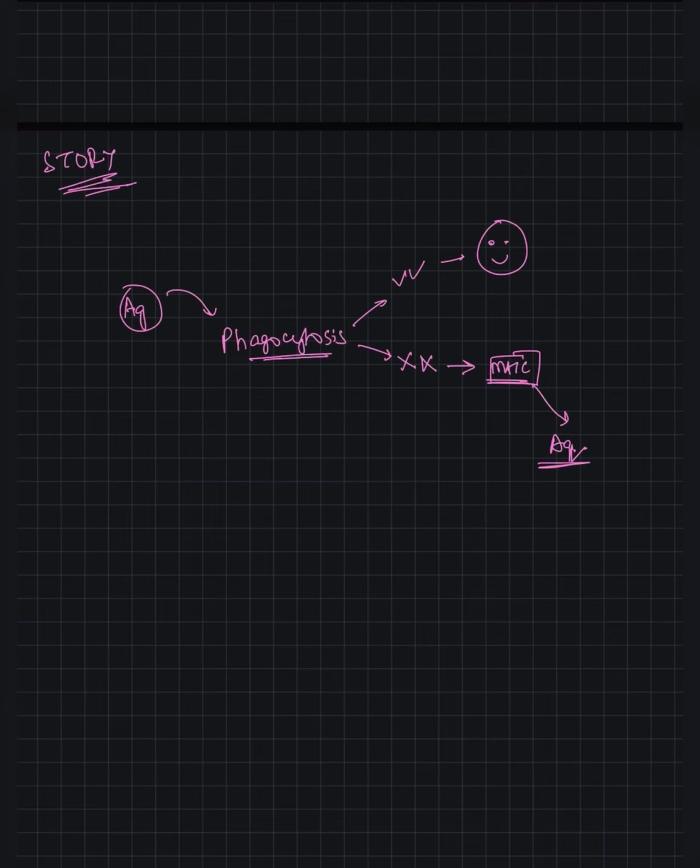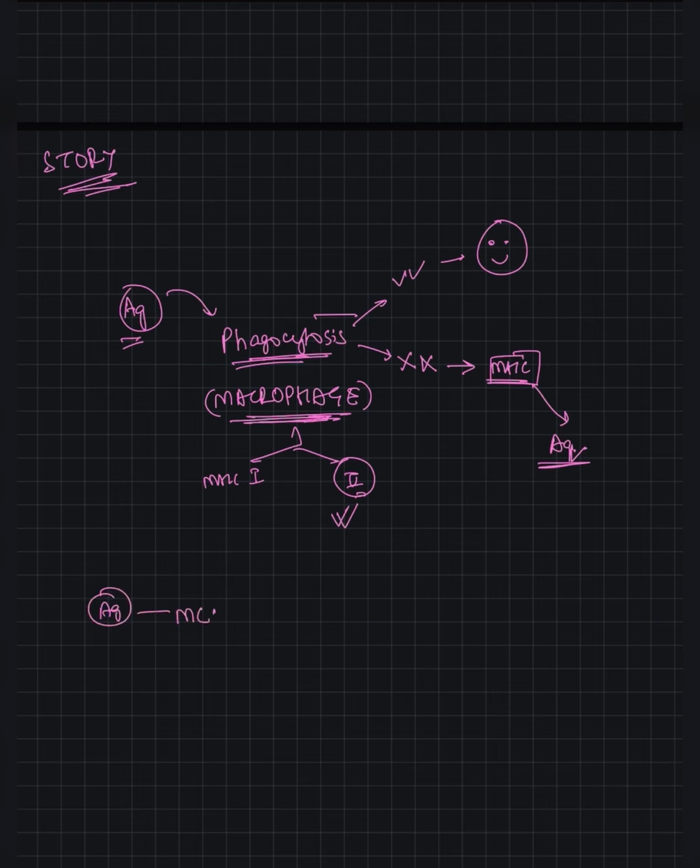Now, since we know that phagocytosis is done by macrophages, and the macrophage has both MHC1 and 2, but only MHC2 will be active, the antigen in the macrophage will be bound to MHC2.